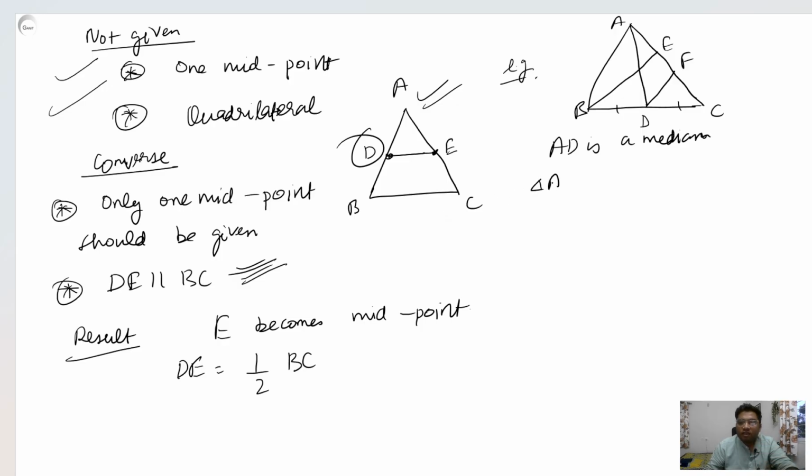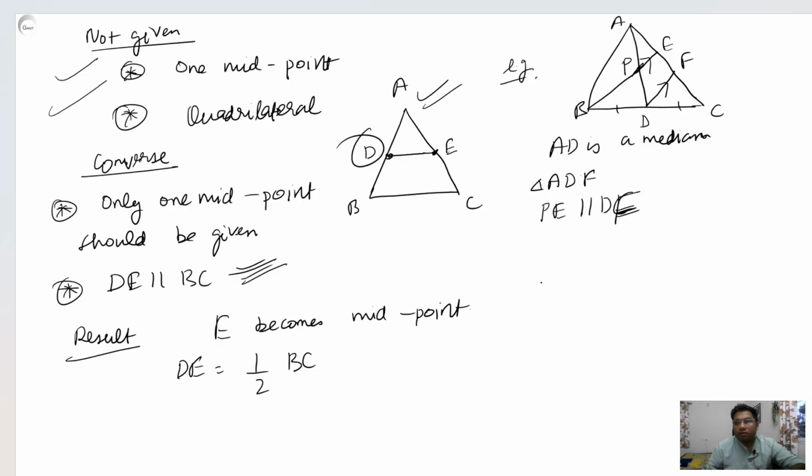If you notice triangle ADF, with point P, it has PE parallel to DF. So ADF represents the shape in which a midpoint is there and a parallel line is there. P is the midpoint, given in the question.